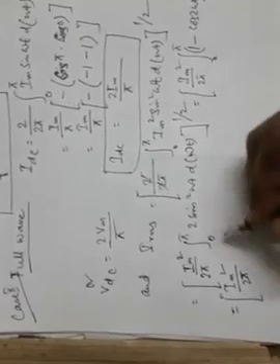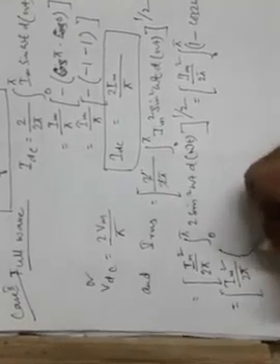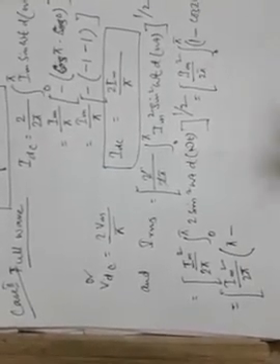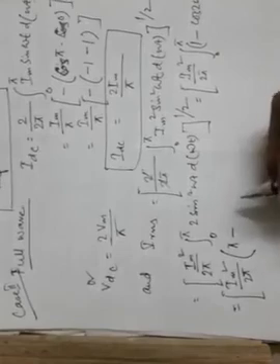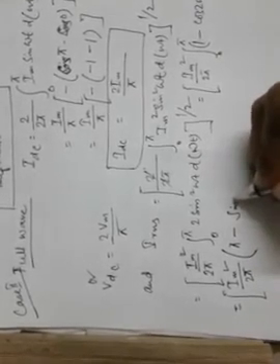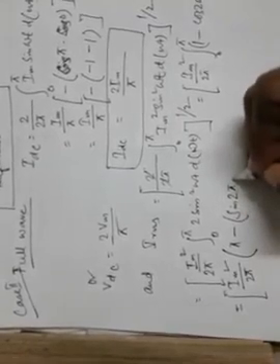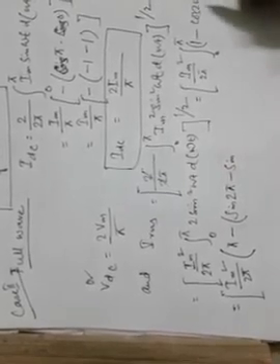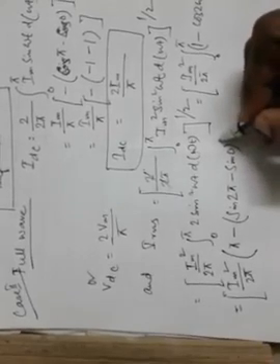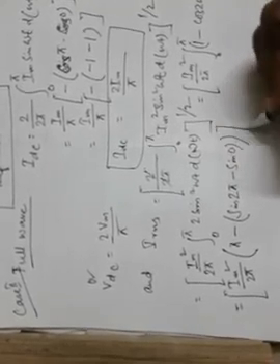One is d omega t, that is pi, minus integration 0 to pi cos 2 omega t, that means sine 2 pi minus sine 0, bracket closed, whole to the power half.